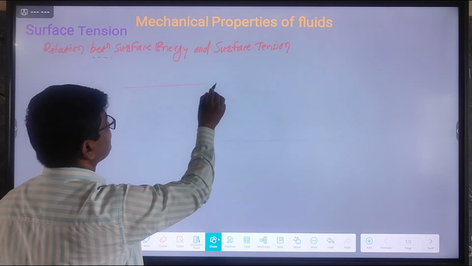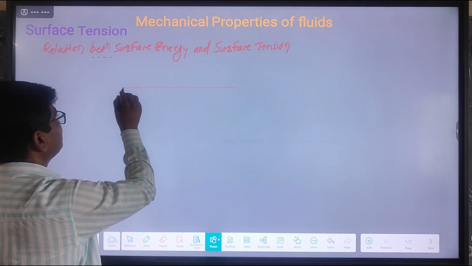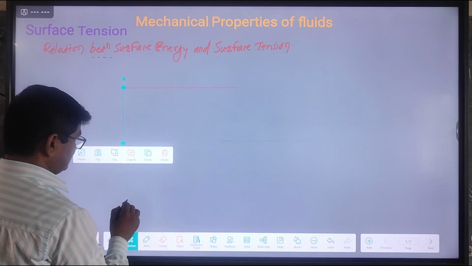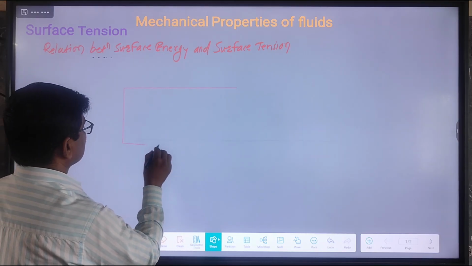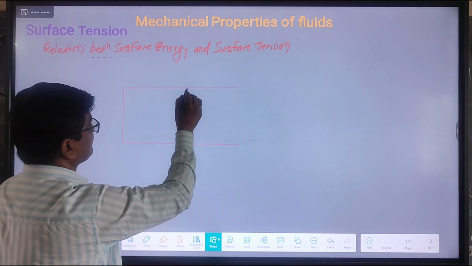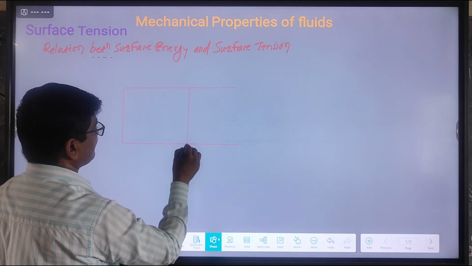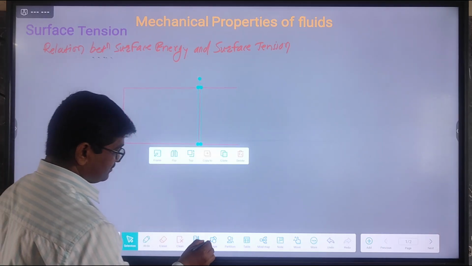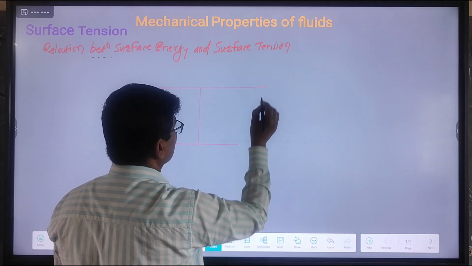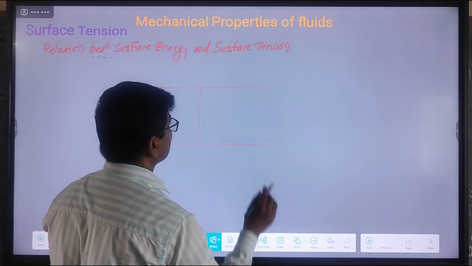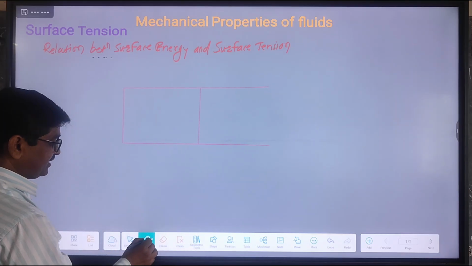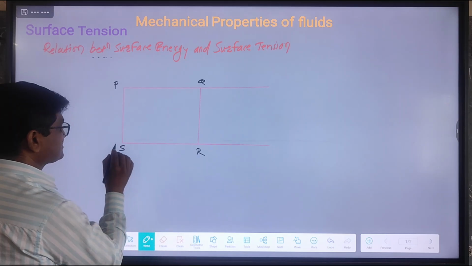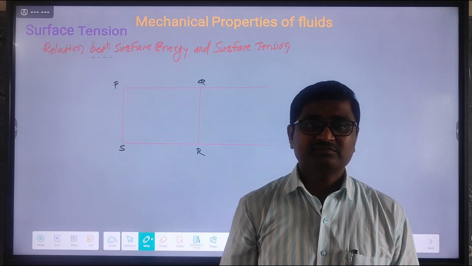Now imagine this is the rectangular frame, and this rectangular frame is represented by P, Q, R, S. Now let's consider that this rectangular frame is made with wires.